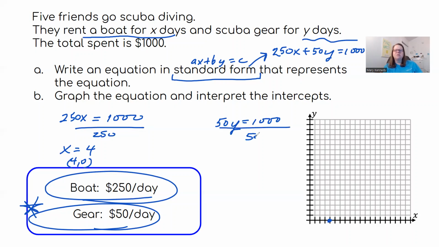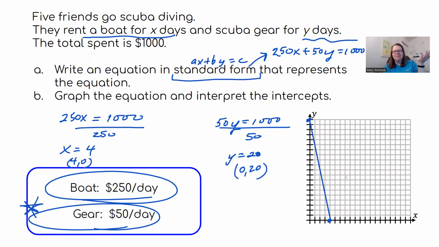We divide both sides by 50, and y is 20, which is perfect for this graph because it goes up to 20. So if y is 20, that is our y-intercept. And so to sketch the graph, I would go from 4 on the x-axis to 20 on the y-axis. And notice that this is just a one quadrant graph.